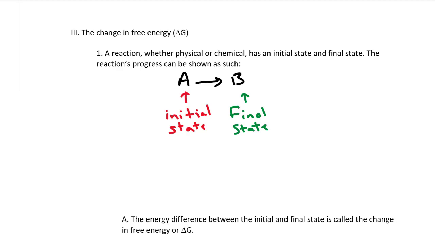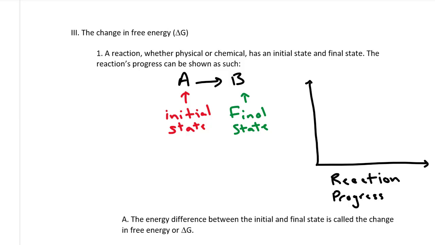If I draw the reaction progress graph, the x-axis will be the reaction progress, and the y-axis will be energy. Then the initial state could be somewhere here, for example. This would be A, and the final state could be somewhere here, and this would be B.